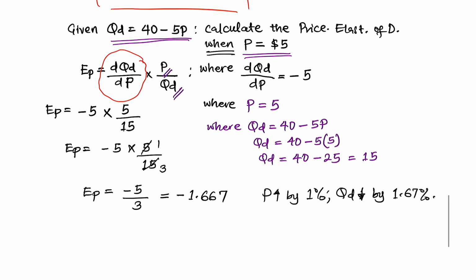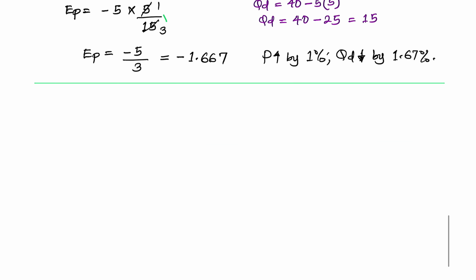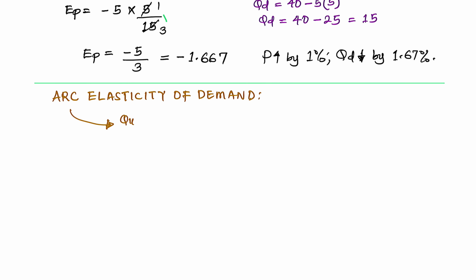The second part, which is arc elasticity of demand, actually builds on what we've learned on point elasticity of demand. Arc elasticity of demand is used when the question is given keywords.